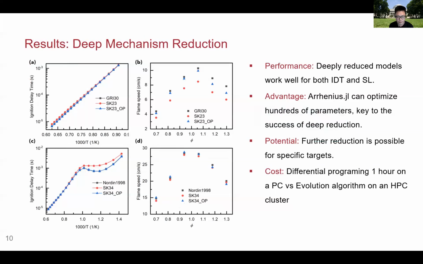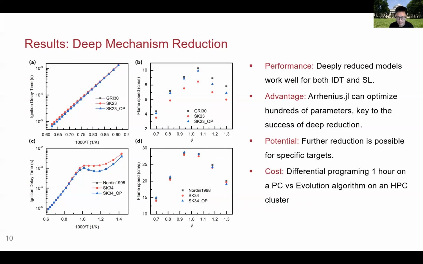And so the key to the success of the reduction is we can optimize hundreds of parameters involved in the overly reduced mechanism. And since the optimization is so efficient and robust, we can actually further reduce the mechanism if we have a more specific application or targets.